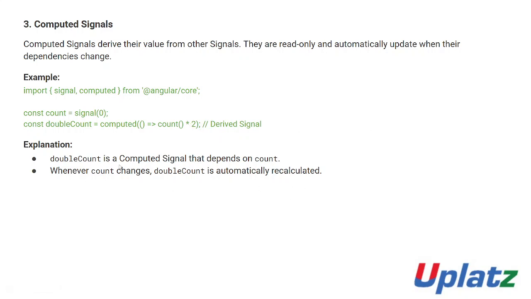Double count is a computed signal that depends on count. Whenever count changes, double count is automatically recalculated.